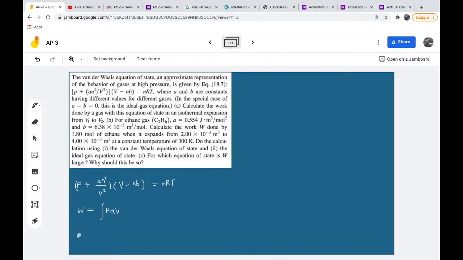So my work done will be equal to the integration, as it expands from V1 to V2, and here first is this term, so it will be nRT divided by V minus nb.